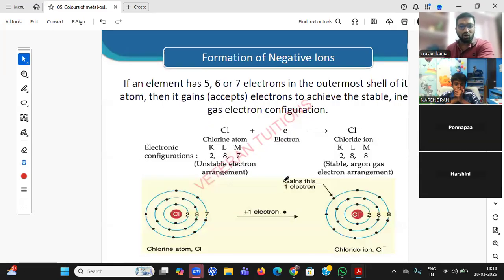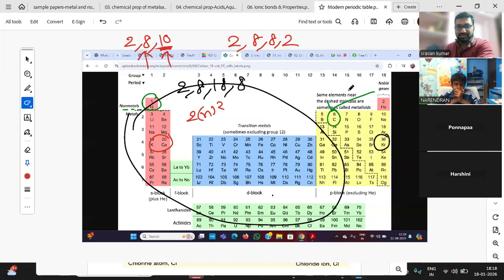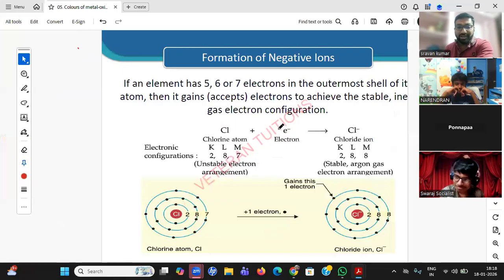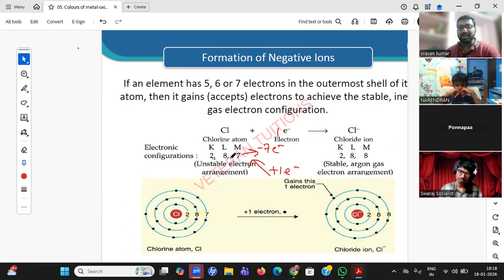Similarly, when you go for the non-metals like chlorine, you can see it's a non-metal on the right side. What's happening here? It wants to take 1 electron. You see 2 comma 8 comma 7. It has two options. It can remove 7 electrons and become 2 comma 8, or it can take 1 electron and become 2 comma 8 comma 8.